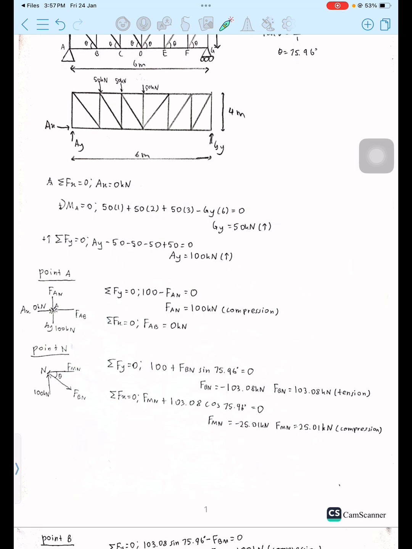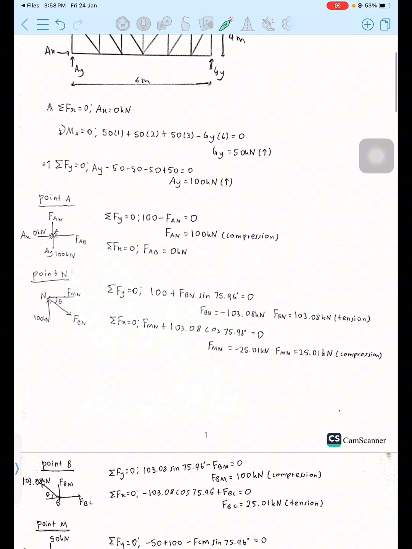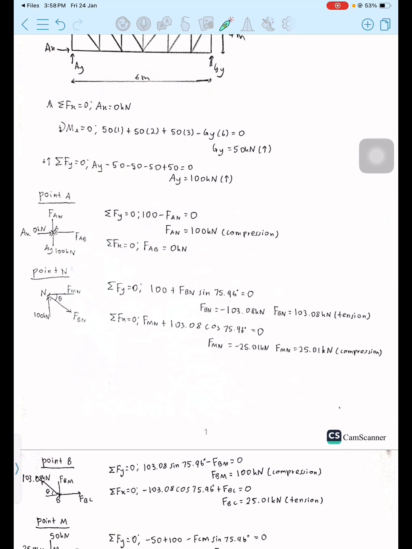Then we find the AY reaction. Sum of Fy equals 0: Ay minus 50 minus 50 minus 50 plus 50 equals 0. Ay is positive because we assume Ay is upward, and we get the Ay reaction is 100 kilonewton. At point A, we assume FAN is compression, and FAB is also compression. We find FAN using sum of Fy equal to 0.